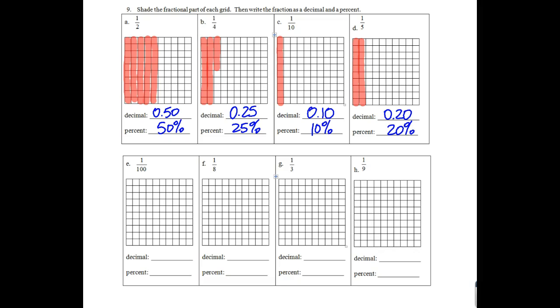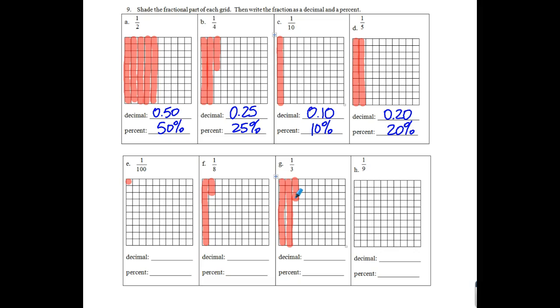Okay, let's do this last one. This last row here, so 1 out of 100. So 1/8, we did 1/8 earlier, right? Remember, it was 12.5. And then 1/3 is going to be 33, and then part of 1. So it's just a little bit of that next one, maybe like a third. And then 1/9.